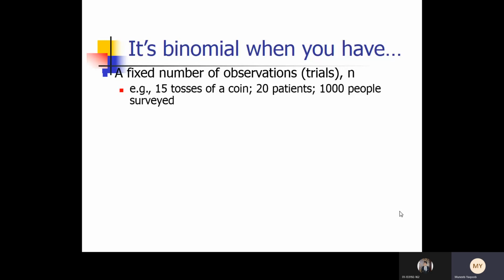Similarly, if a doctor checks a patient, this is an experiment, and if he or she checks 20 patients, then this trial of checking a patient is repeated 20 times. So the number of trials is 20.